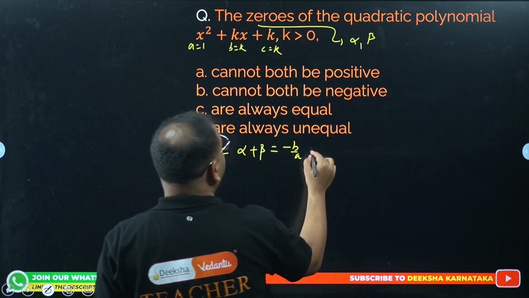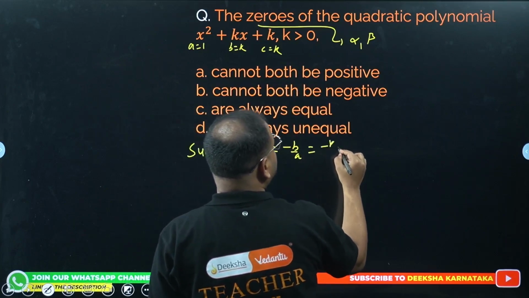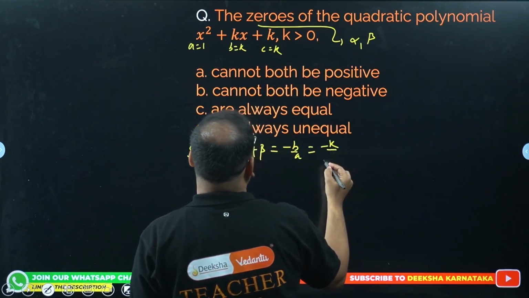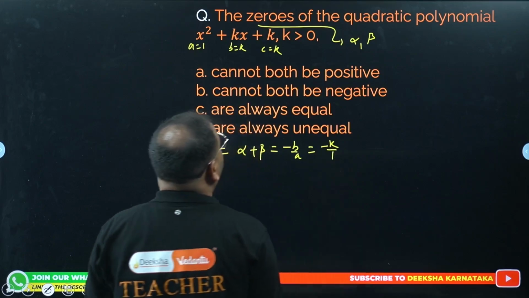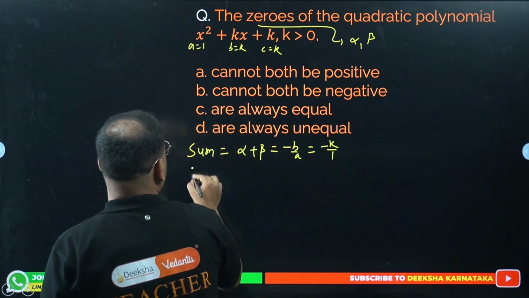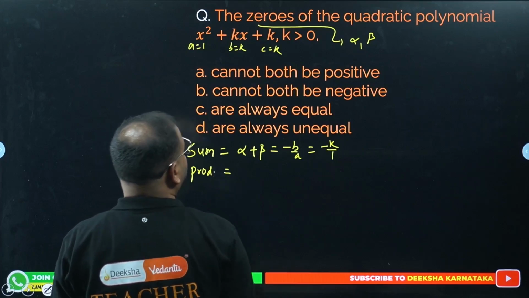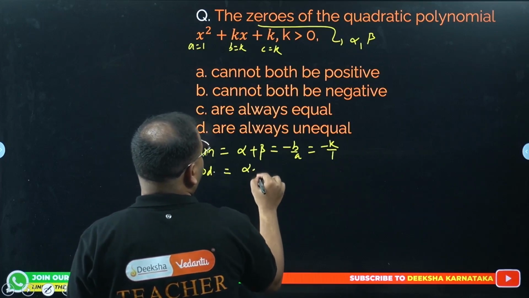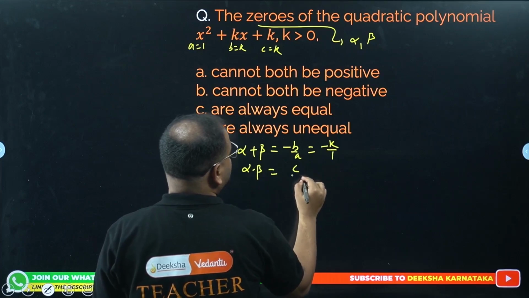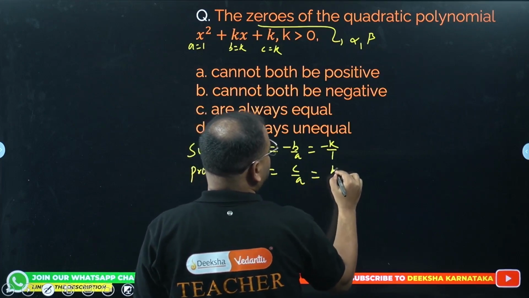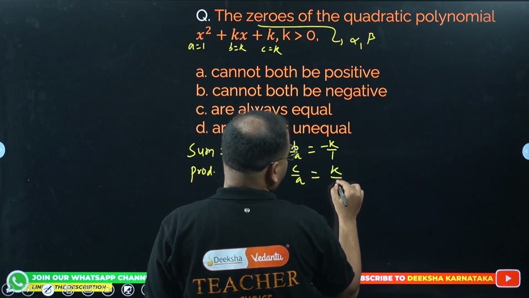So minus b by a would be minus k by 1. Minus k by 1. What is the product? Alpha into beta equals c by a. What is c? K by 1.